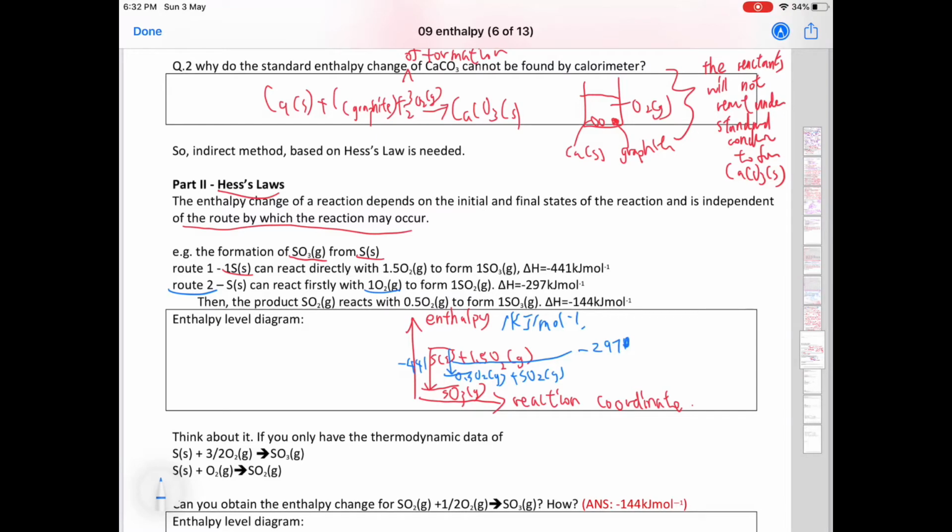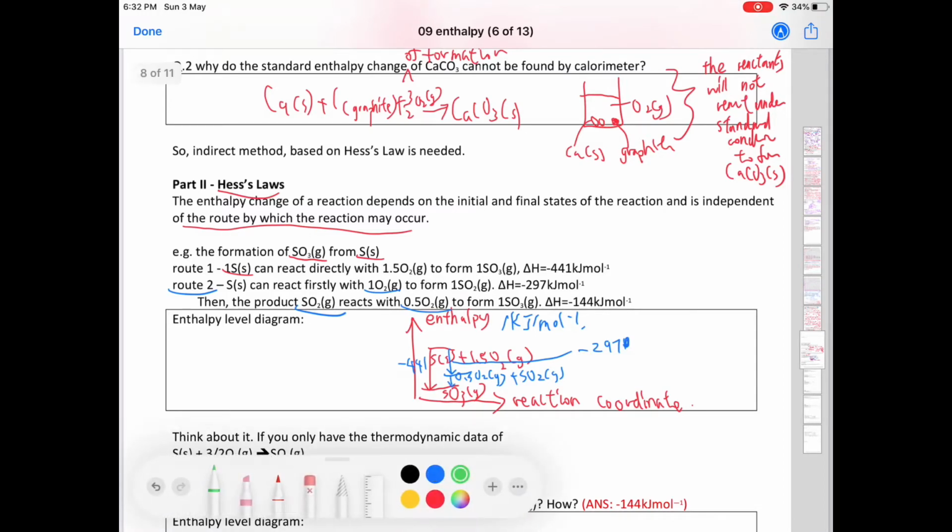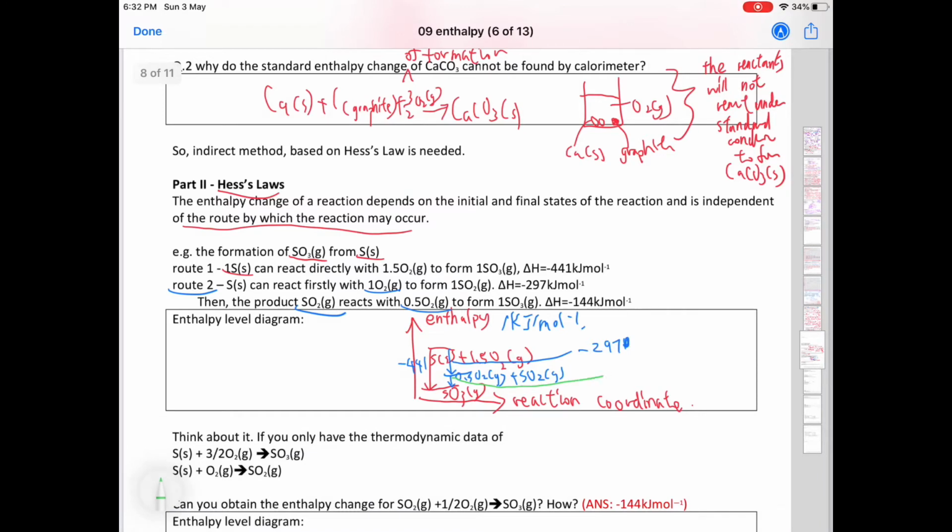Then it will also undergo the second stage by reacting this SO2 and the extra 0.5 O2 to form the final product, SO3. And the corresponding enthalpy change is negative 144 kJ per mole. Can you tell me the relationship between these two enthalpy changes?